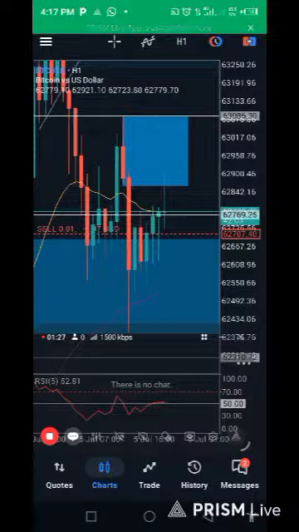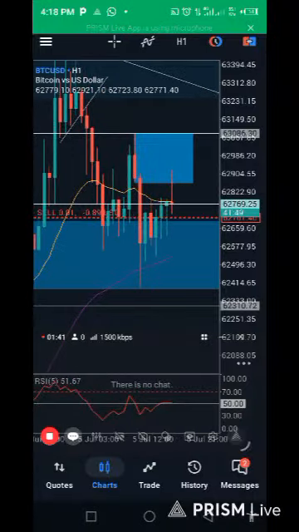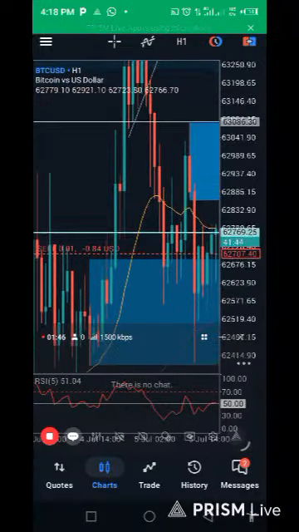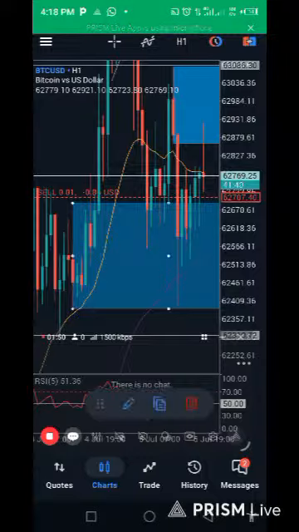What coin should we trade this afternoon, this evening? You can see Bitcoin is actually following principles the way we planned it. It's all about following principles.